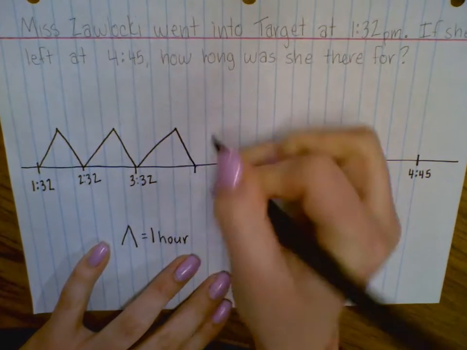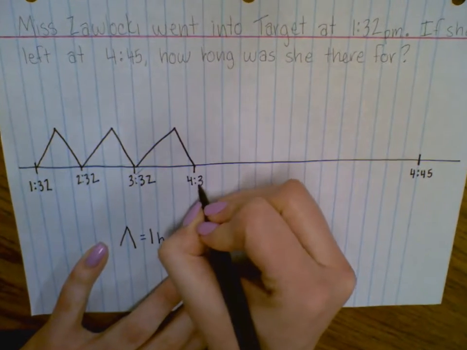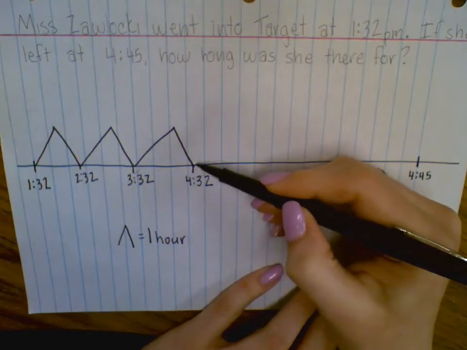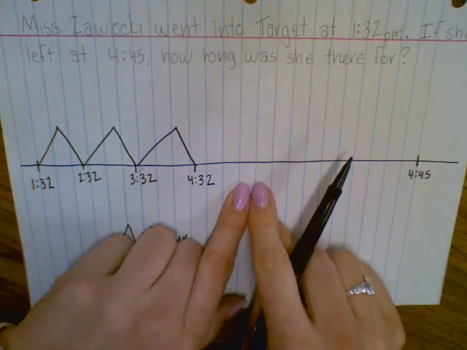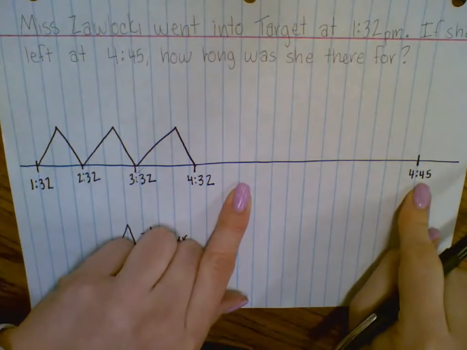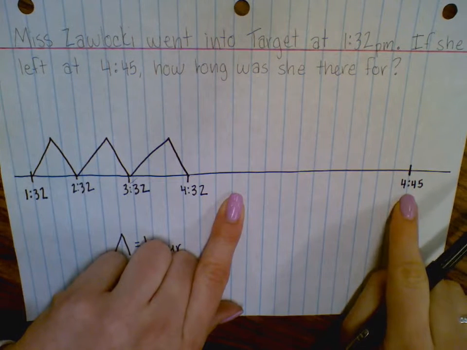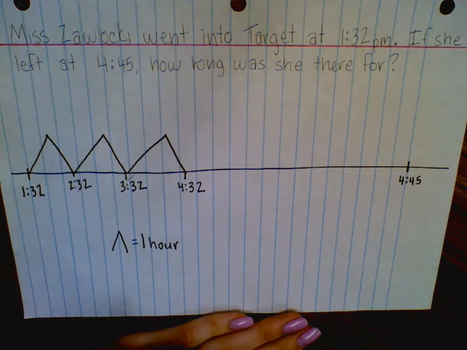So I draw me another hour. Now it's 4:32. Now, if I were to draw one more mountain for 1 more hour, it would be 5:32. But I know I can't do that because Miss Lackey's not at the store at 5:32 because she left before that. So now I've done all the mountains that I possibly can.